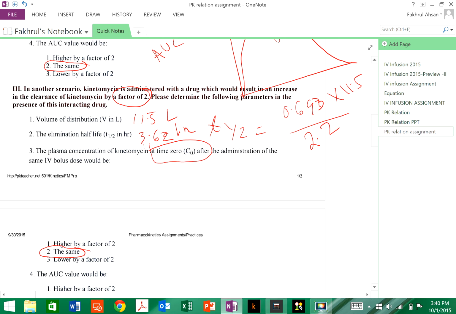Do not get confused about plasma concentration changes with time. That means we are talking about the clearance. Clearance is a rate, and when the total amount of drug decreases from the body, plasma concentration is going to decrease. But we are talking about initial, time zero, plasma concentration. So plasma concentration is not going to change because of the change in clearance.